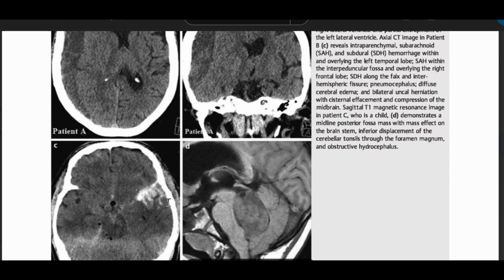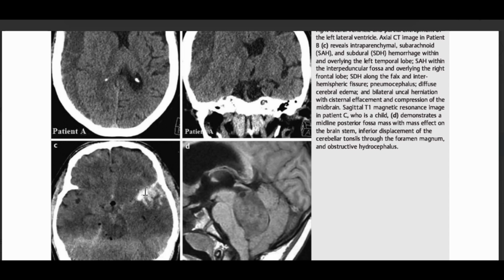So this is the left temporal lobe. Subdural hemorrhage here means that the blood is outlining the left temporal lobe, and the subarachnoid blood is within the sulci.